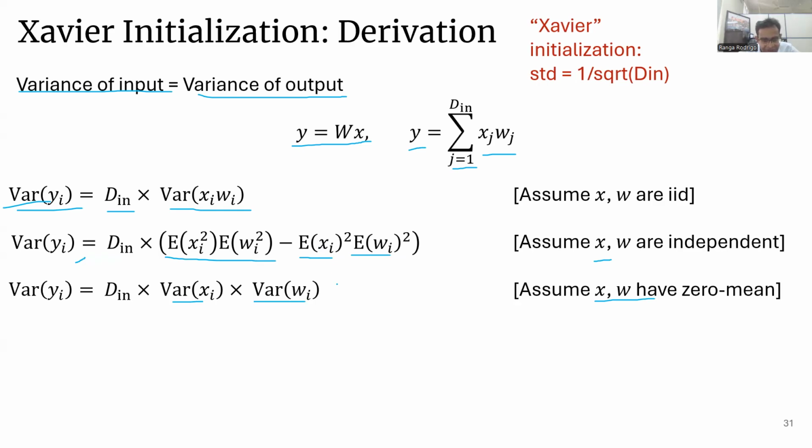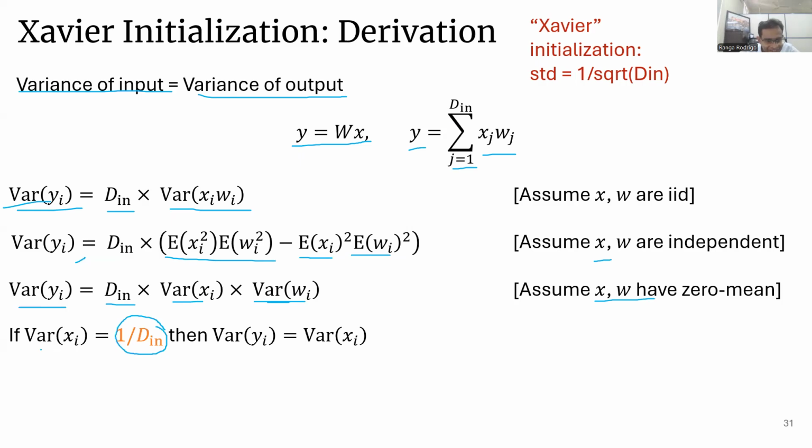Then to retain the output variance as that of the input variance, the variance of wi must be 1 over d_in. Then the variance of yi is the variance of xi. So the variance continues to be the same as you go through the layers.